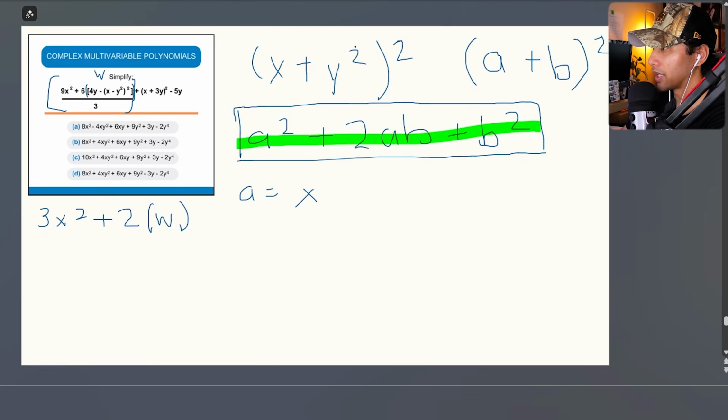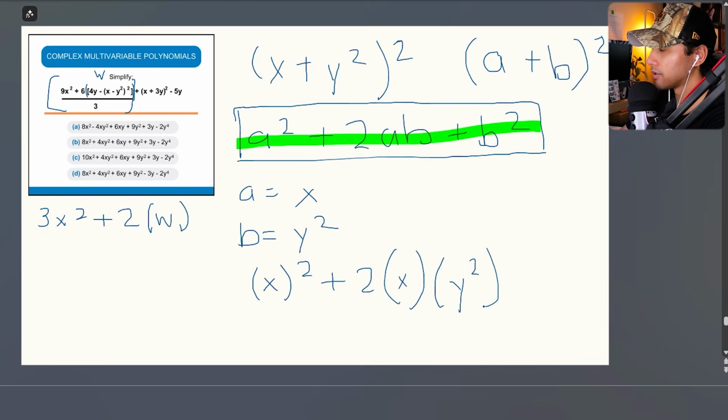And given this, we know that a equals x, and b equals y squared. Okay? So now let's write all this inside this equation. We have, I'll put this in parentheses for the video, x squared plus 2x y squared plus y squared squared.